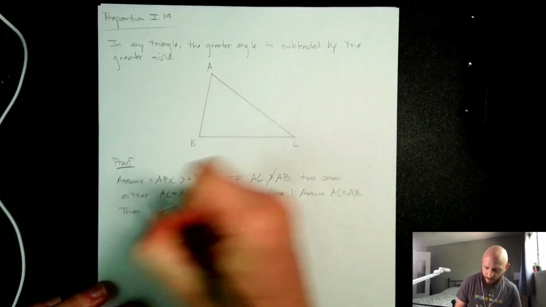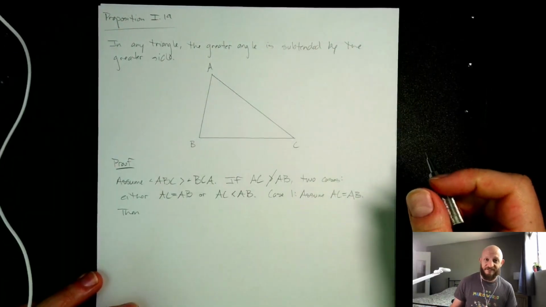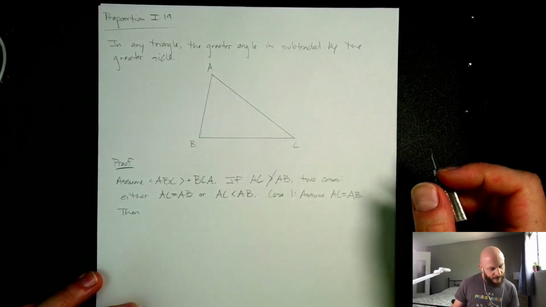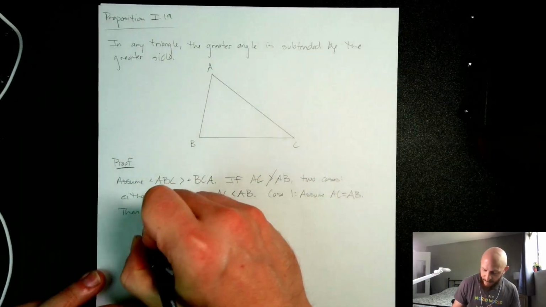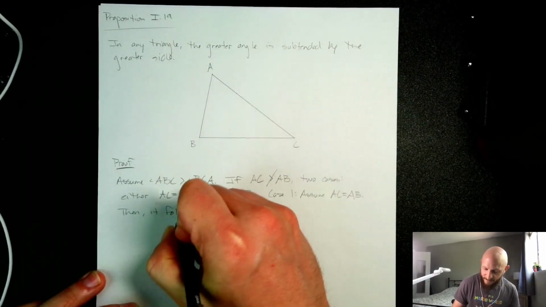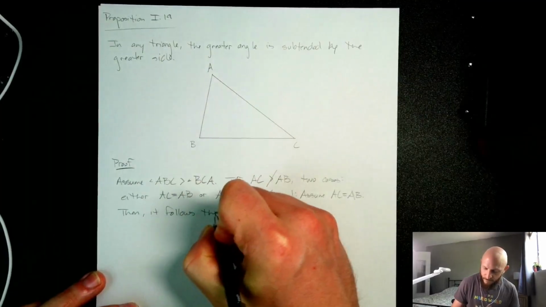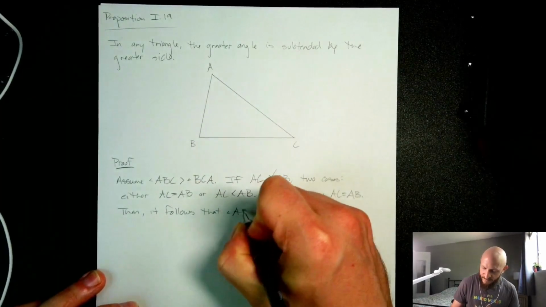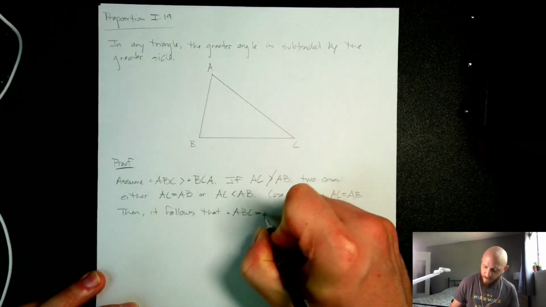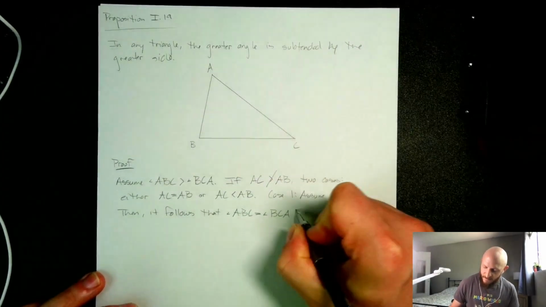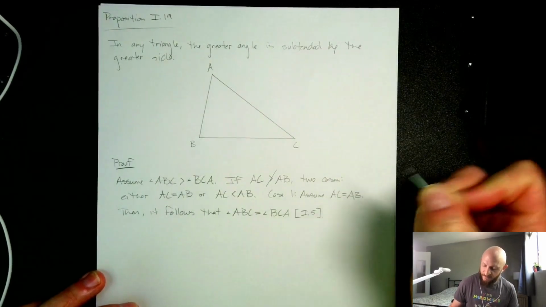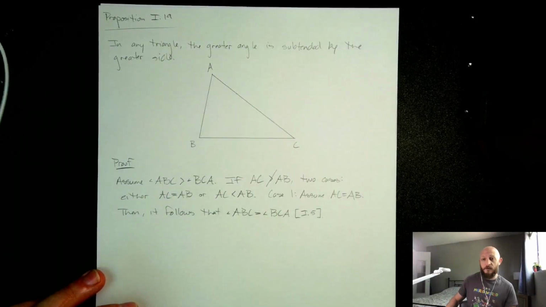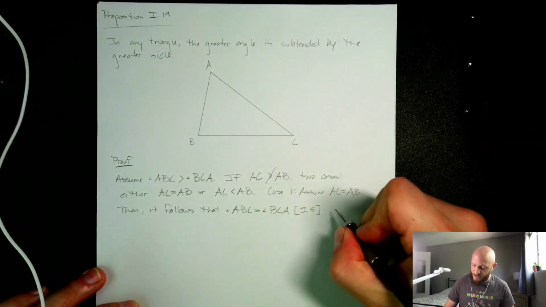And we know something about angles at the base of an isosceles triangle. Then it follows that angle ABC equals angle BCA, and this is from Prop 5, which says that the angles at the base of an isosceles triangle are equal. But that's a contradiction.